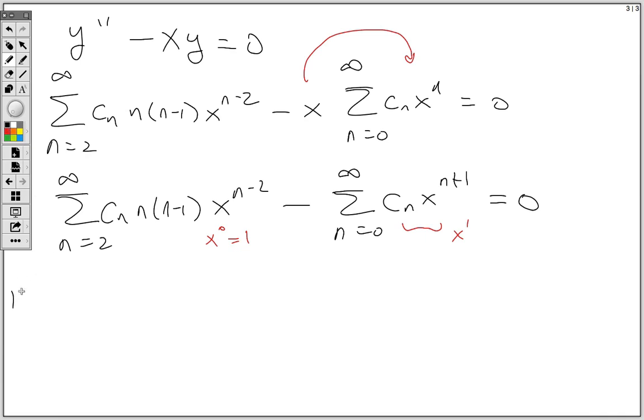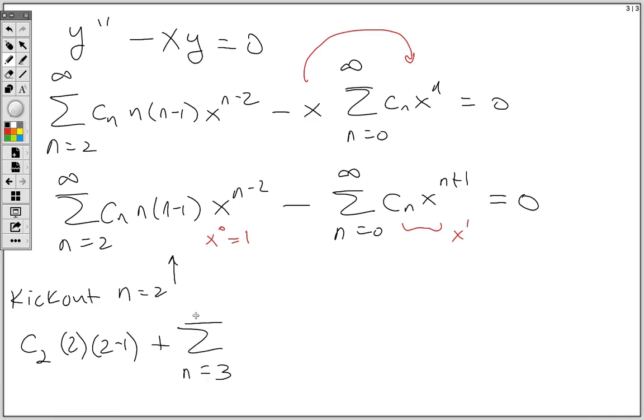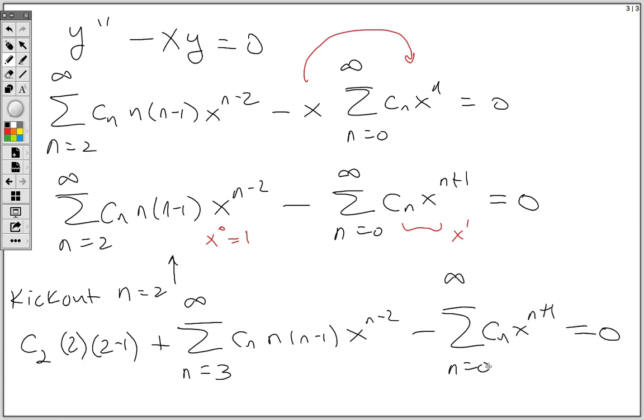So what I'm going to do is kick out the n equals 2 term here. And what would that be? Well, that gives me a C2 times 2 times 2 minus 1. And then I'm going to have a series that starts at 3, minus this series equals 0.